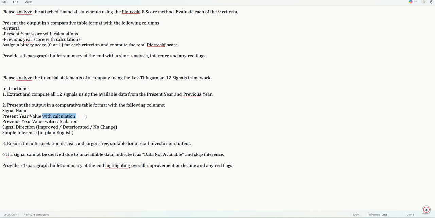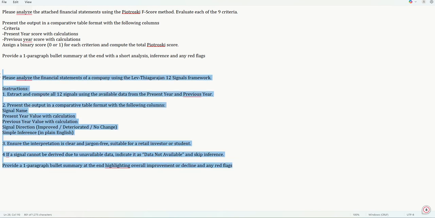I emphasize the calculation because you need to know how it is calculated, so in case you want to verify or cross-check, or if you have a doubt how the number was arrived at, the calculation will be helpful. Then signal direction, whether it has improved or deteriorated, and simple inferences in English. Then I'm asking it to provide a summary with all the red flags, and so on.